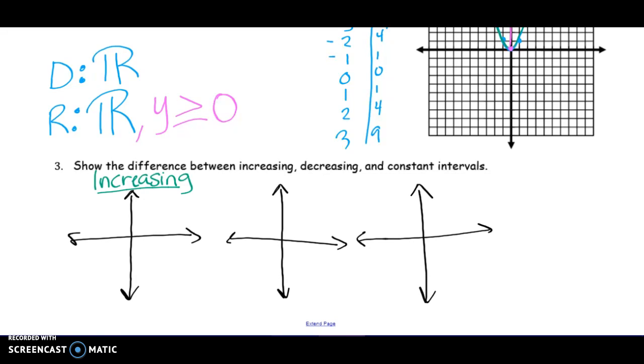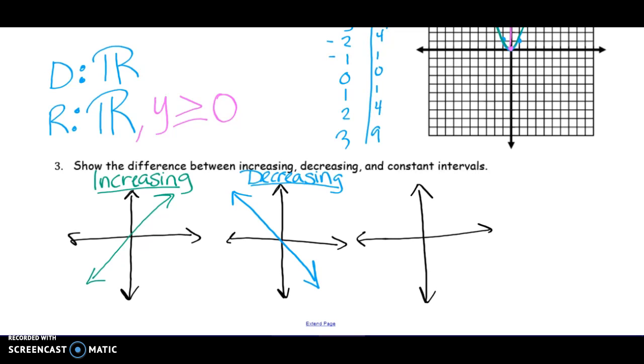What direction is it going? You should have thought about increasing means it's going up. Draw a nice little line in, show increasing like that. Decreasing. What's decreasing going to look like? It should say going down. So a nice line going down.